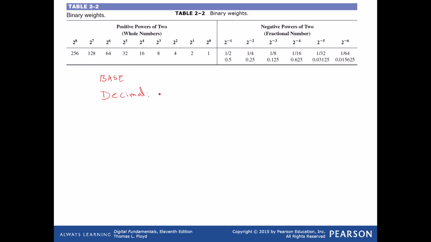The decimal that we are familiar with starts from 0, 1, 2, 3, 4, 5, 6, 7, 8, up to 9. So we have 10 digits. All these are the digits that are part of the decimal system. So for the decimal, the base will be 10.